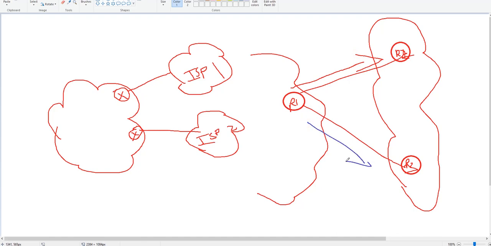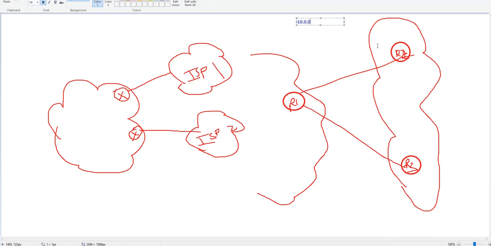Let's take an example. There are prefixes like 10.0.0.0/16, for example, and 20.0.0.0/16, and 30.0.0.0/24, and 50.0.0.0/28. These are the destination networks you are trying to reach.